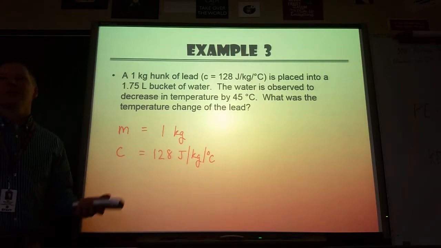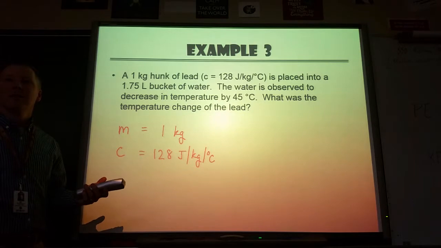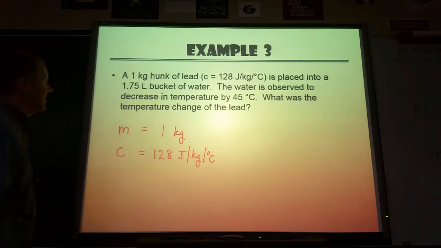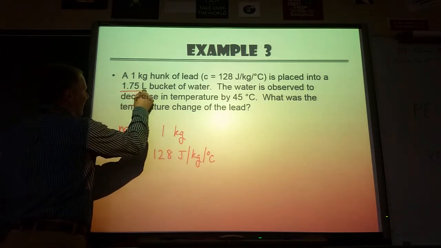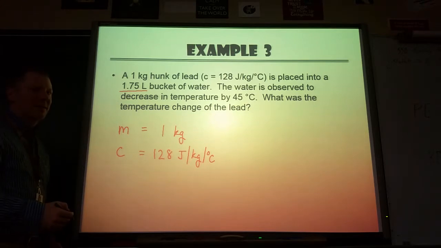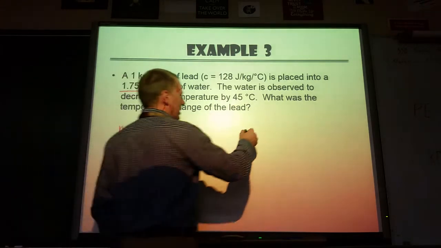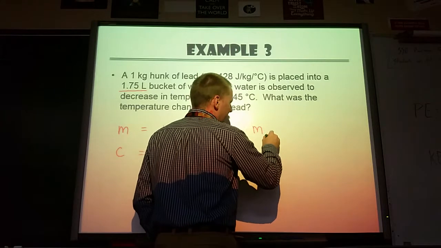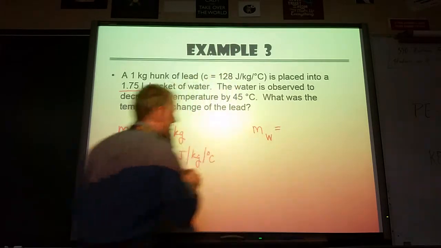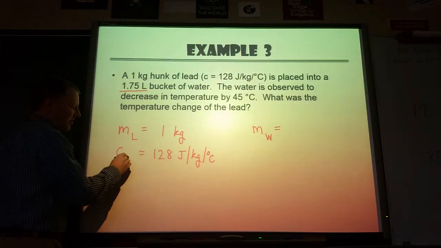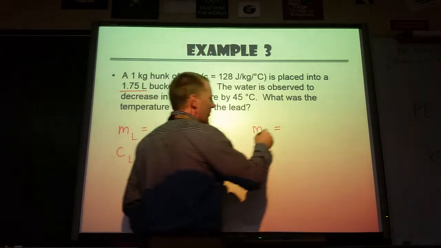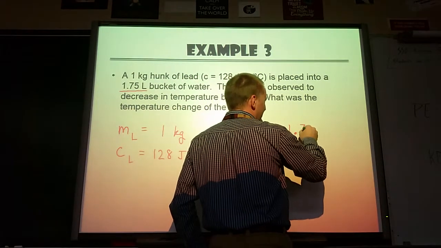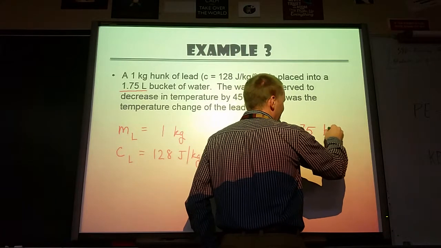What would delta T be in? Degrees C. So it's liters. That's a volume, which tells us a mass of water too, right? So I'm going to have to label these: a mass of water, a mass of lead, and specific heat of lead. The mass of water is, if it's 1.75 liters, 1.75 kilograms.